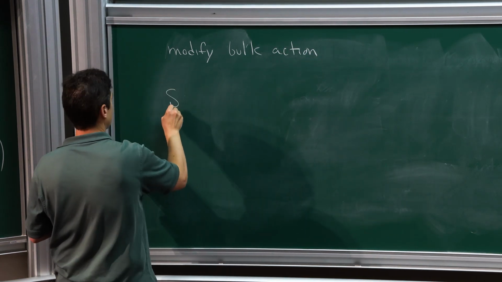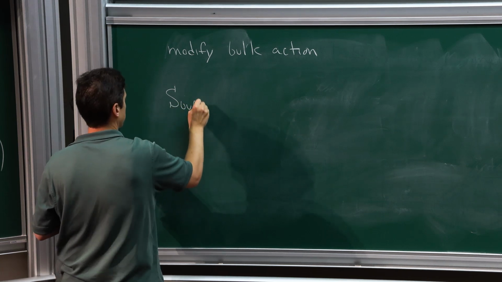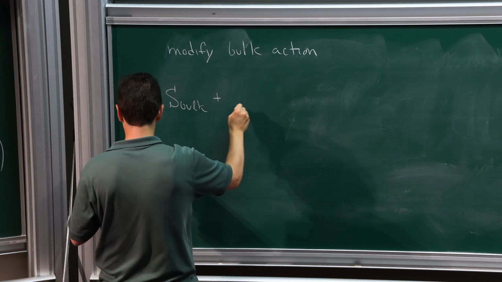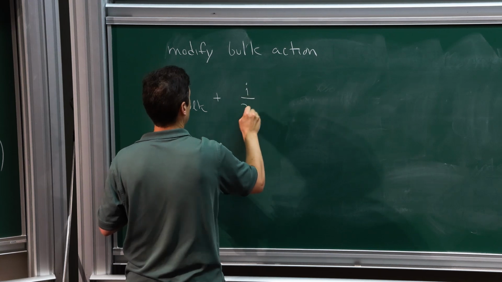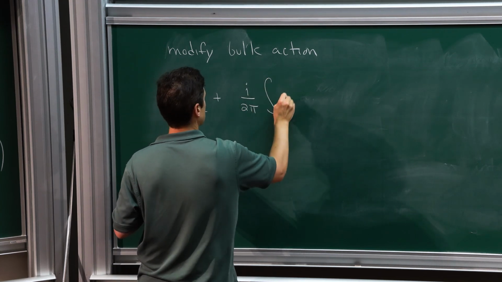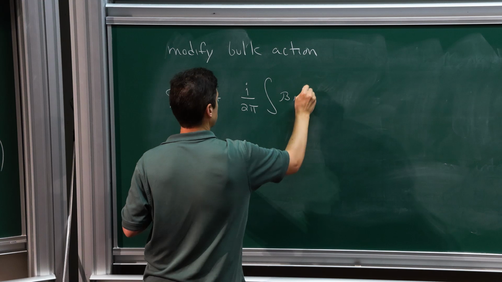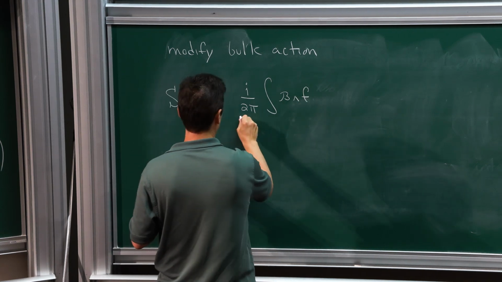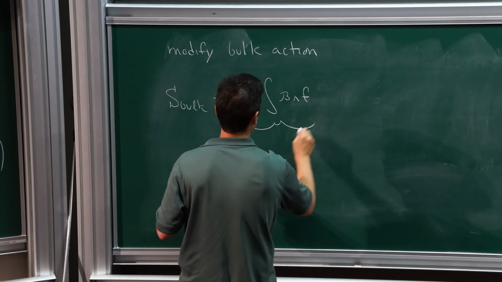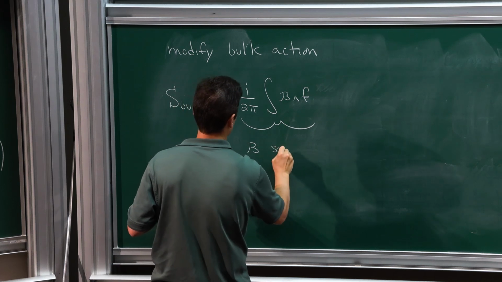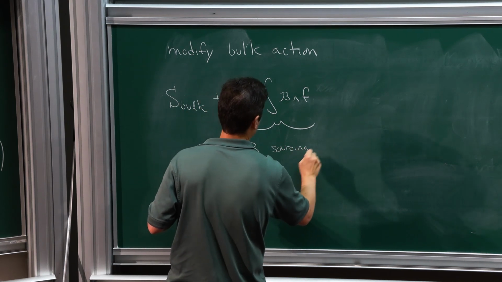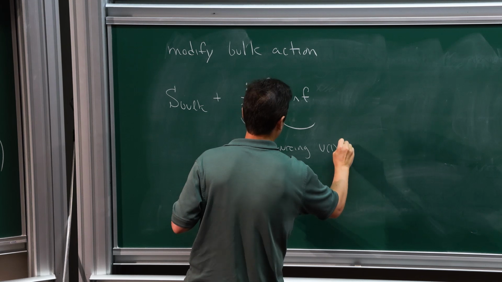It becomes S bulk, whatever it was before, plus i over 2 pi integral beta wedge F. This means beta is sourcing this one-form magnetic symmetry.